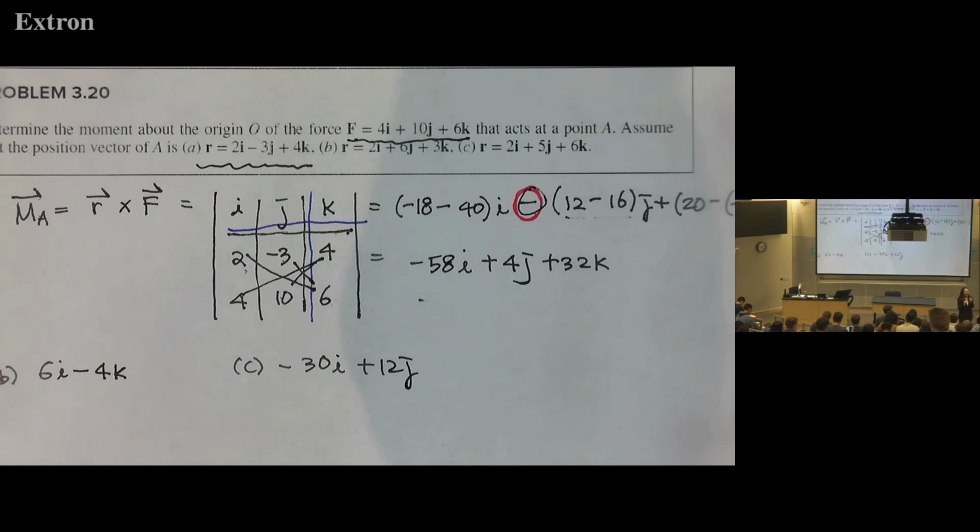Force vector top and position vector bottom. Yes. So that is the property of the cross product. You change the order, then it's different. You will get negative value. So you cannot use force in the bottom. Always R cross F. So second row position vector R. Force third row. Good question.